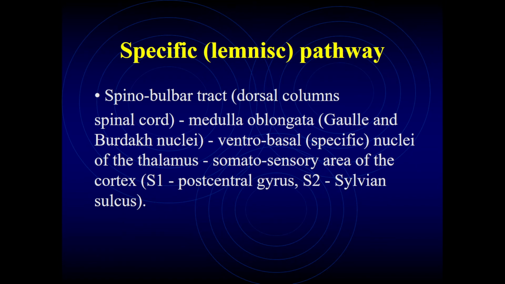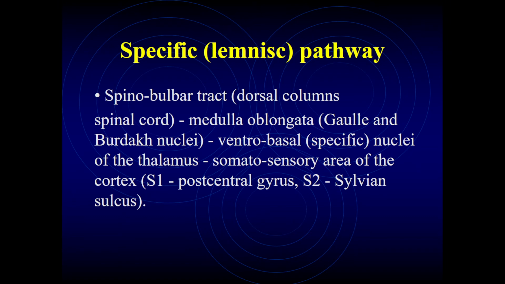These are specific nuclei of the thalamus, and then to the somatosensory area of the cortex, S1 and S2. S1 is located in the postcentral gyrus, S2 in the cerebral sulcus.